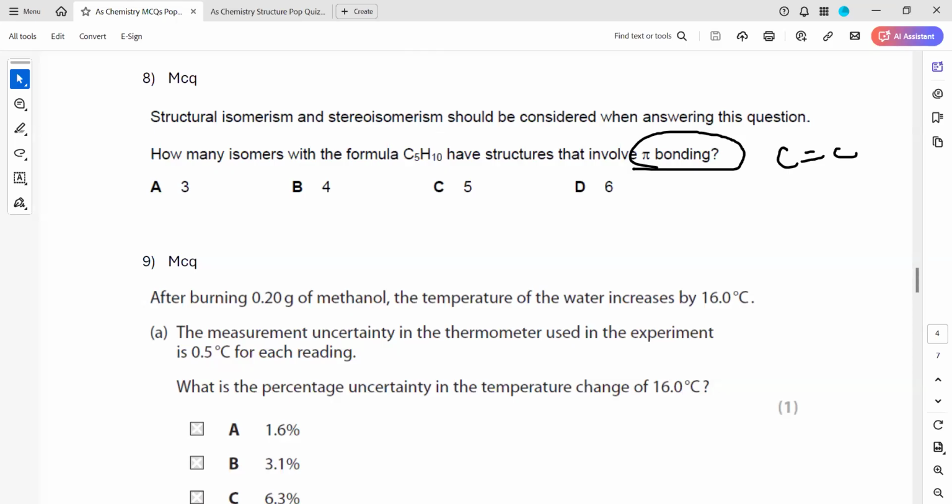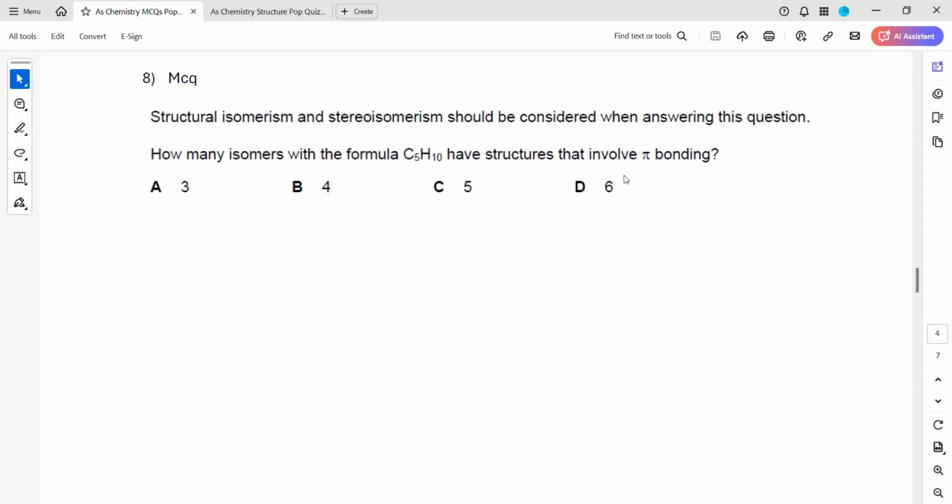Now for this one, you can simply draw the structures and identify. First, what we do is change the position of the double bond, because we have C5H10, which is pentene.